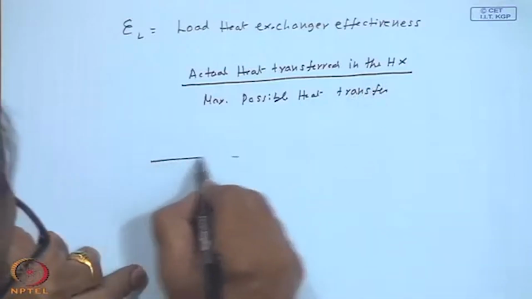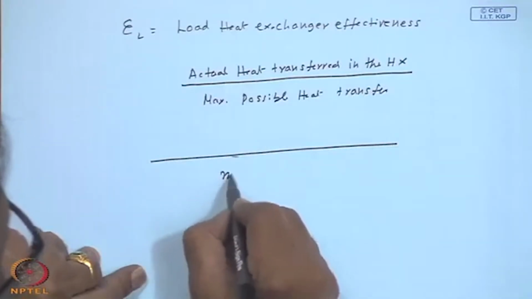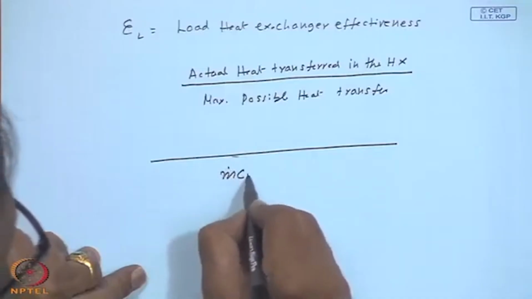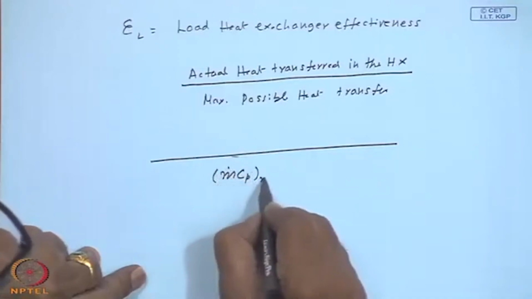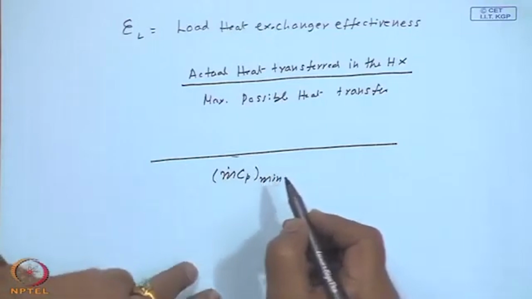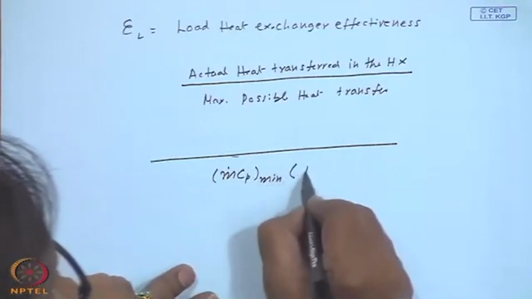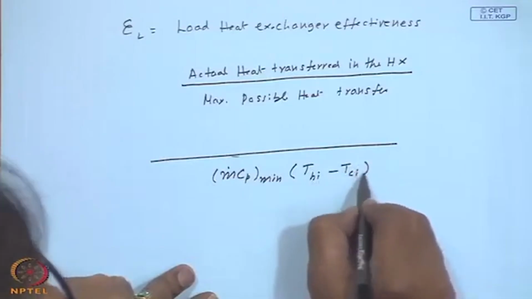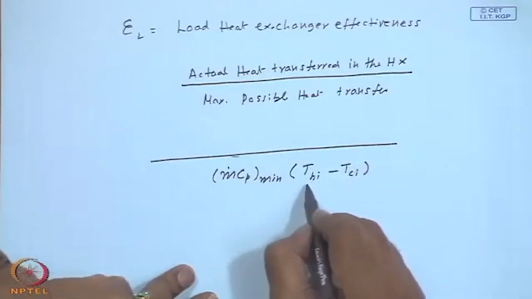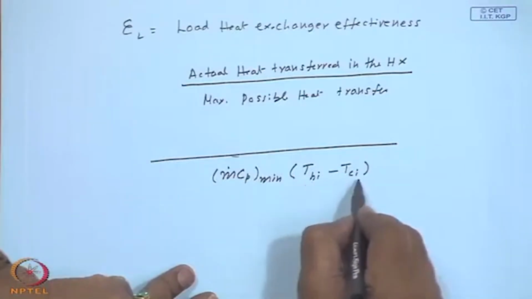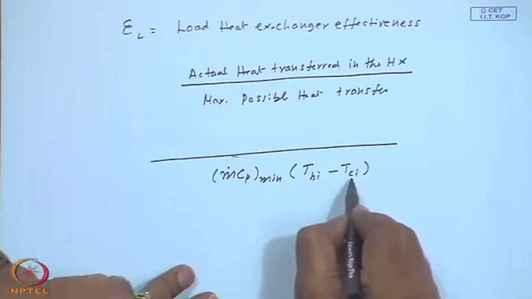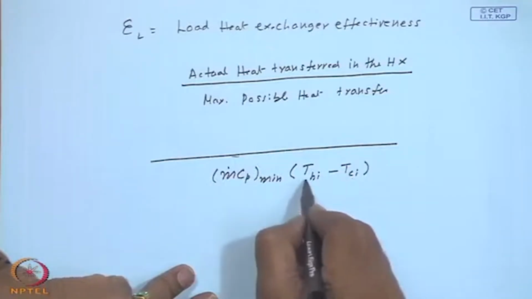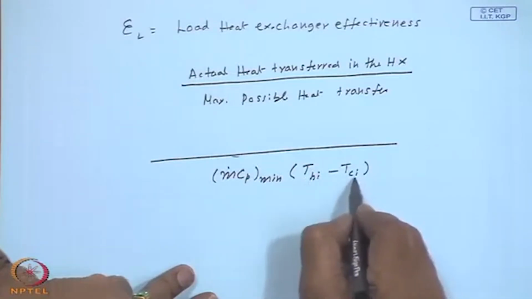This first, I shall write the denominator first. It is m dot C p, the lower of the cold or the hot fluids, multiplied by T h I minus T c I. So, when I write this temperature difference as T h I minus T c I, the possibility is that the cold fluid can get heated up to the inlet temperature of the hot fluid, or the hot fluid can get cooled to the cold fluid inlet temperature.